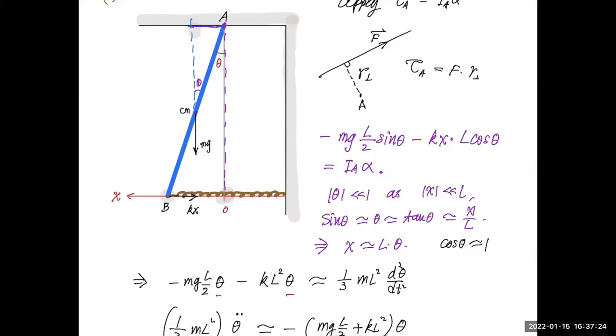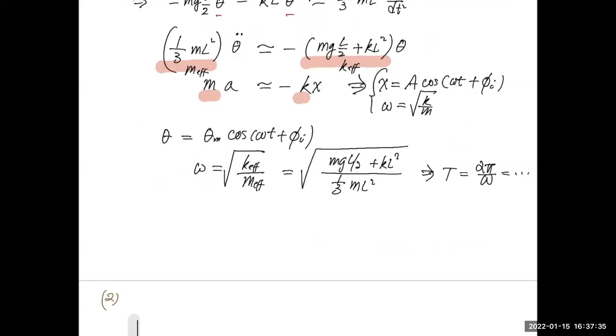After you do that, and using the same approximation of small angle, you can then compare with the standard result for any simple harmonic system, where the energy E has to equal, for the standard mass-spring system, 1/2 m v squared plus 1/2 k x squared.